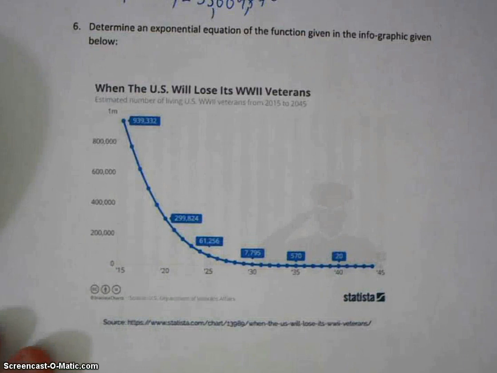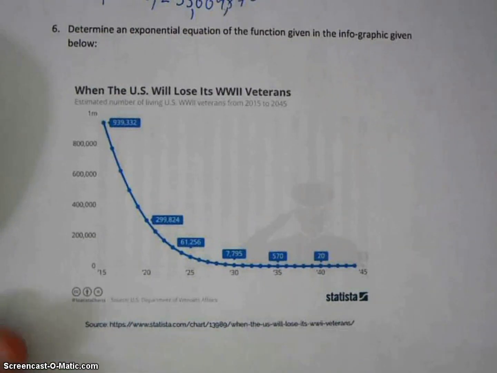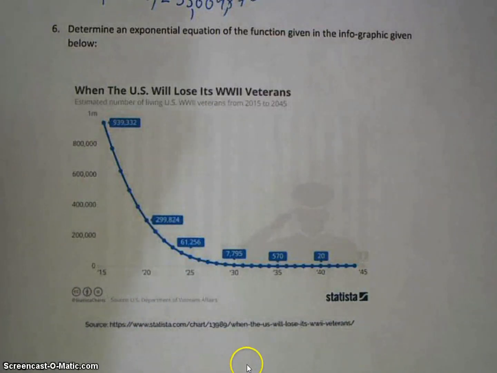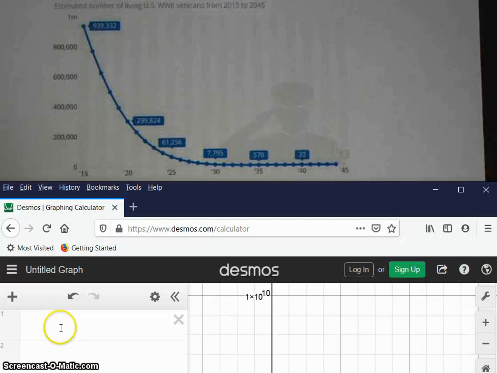All right, number 6. Determine an exponential equation of the function given in the infographic below. All right, so again, we're going to need Desmos here. I'm going to pause and try to figure out a way to get both Desmos and this graph to show up on my screen. I'll be right back. All right, this will kind of work, I guess.